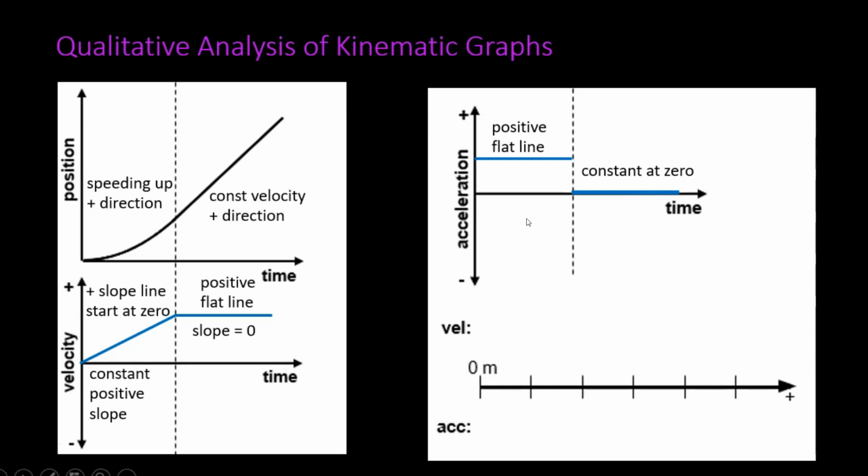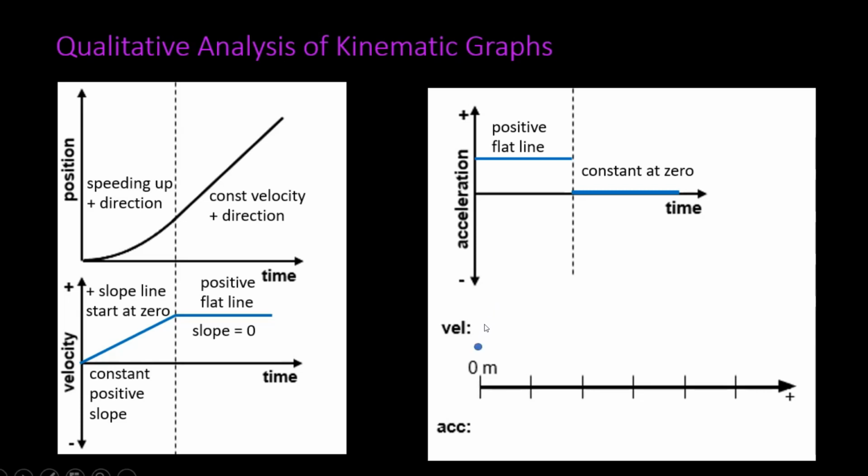Let's move on and take our acceleration time graph and create a motion map. We have an object speeding up in the positive direction for the first section, and then the second section we have it moving at constant velocity also in the positive direction. Notice on our position time graph, the position curve started at 0, so we need to start our dots at position 0.